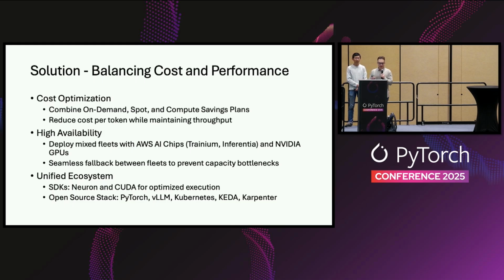Once you get that mindset, we apply a unified open source ecosystem that leverages PyTorch. Below that, we have vLLM as the inference platform, and then Kubernetes that powers the CUDA SDK as well as Neuron.